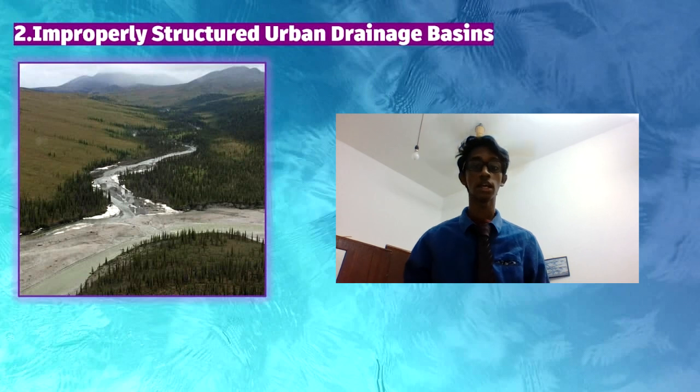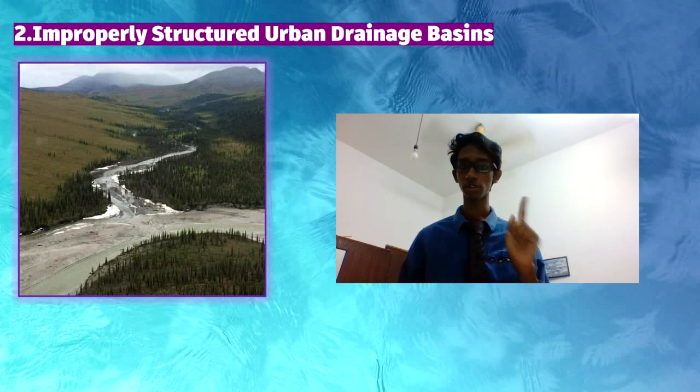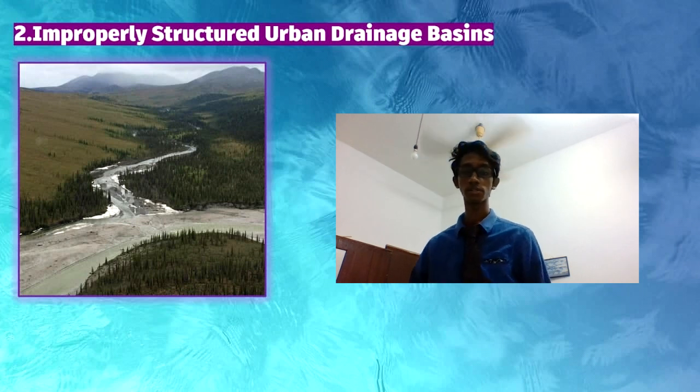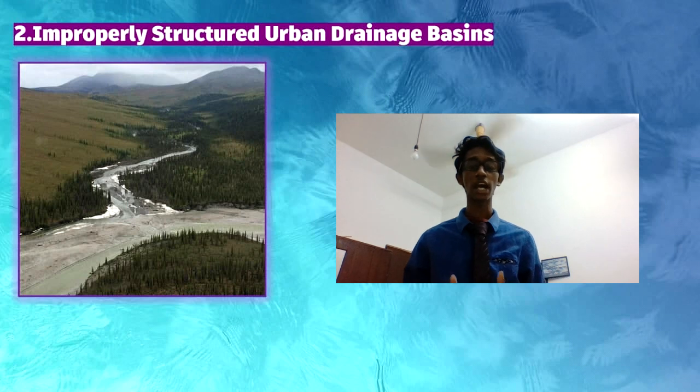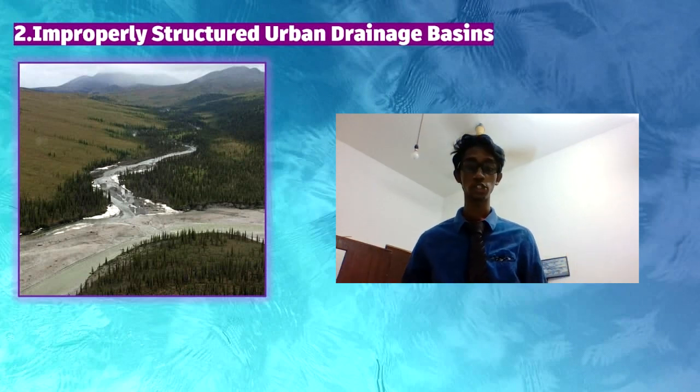Fellow friends, now let's have a look at my second main point, which is the improperly structured urban drainage basins that cause flooding. Many of our cities are made mostly of concrete and other impermeable materials. When you have an urban drainage basin that is made out of concrete, there is no ground for water to sink into.